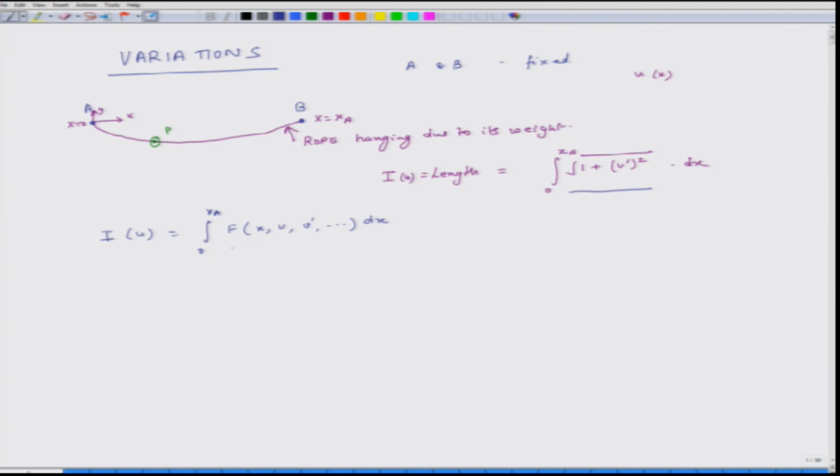Now, we are looking at this function f closely. Okay. So, now consider that at point P, and at point P x is fixed, x is not changing. So, at point P I disturb the rope by a small amount.